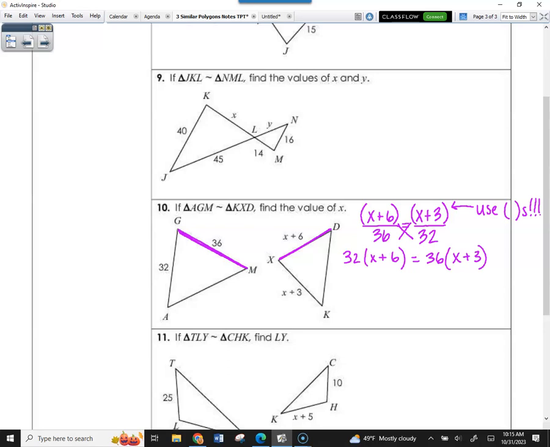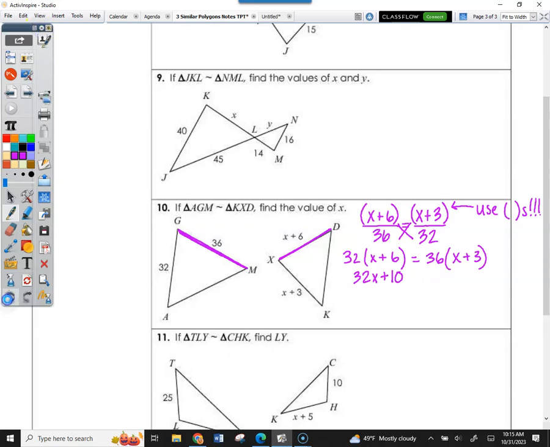Distribute the 36. Oops. I'm going to subtract 32x.